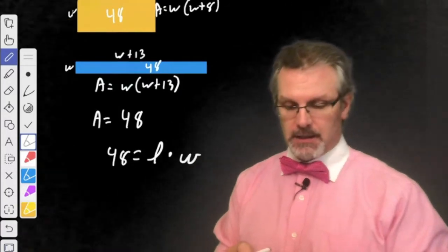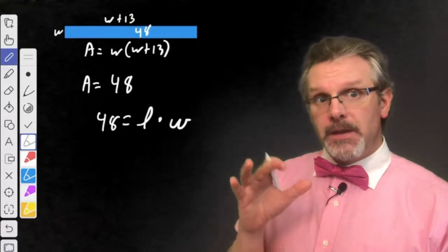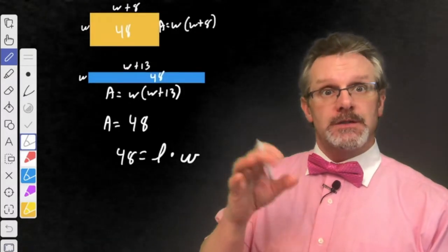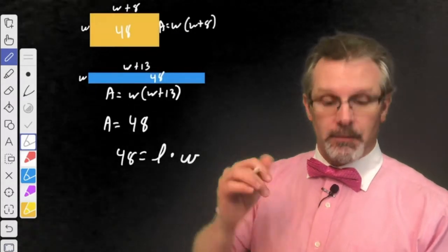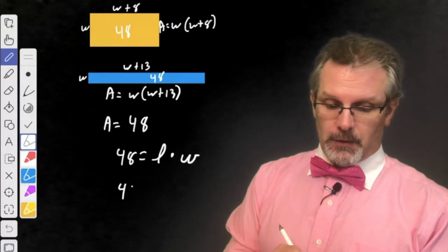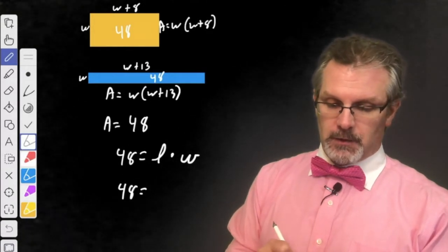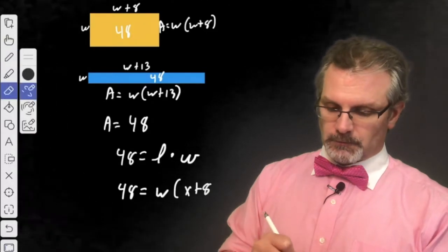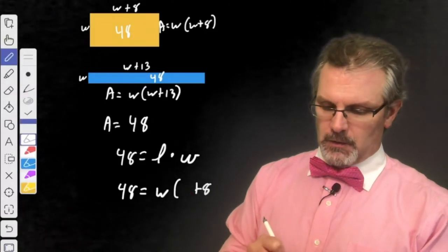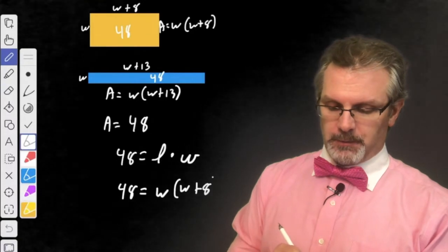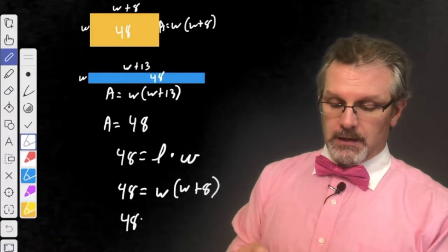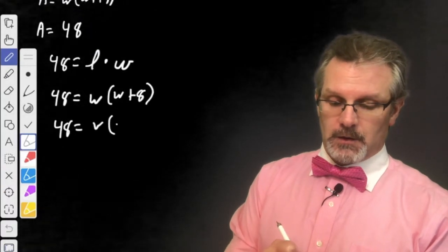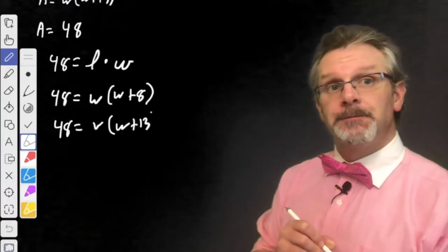So we want to be able to write this as a standalone expression that we can change the numbers. So we had 48 equals W times, whoops, I wrote X, W plus 8. 48 equals W times W plus 13.